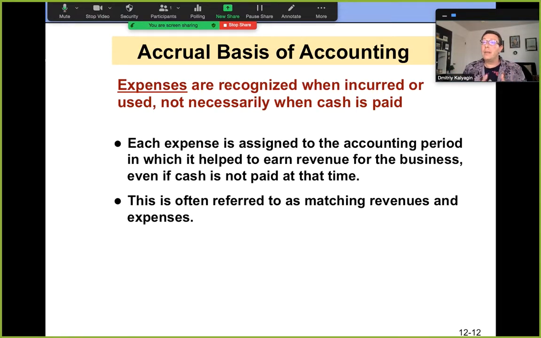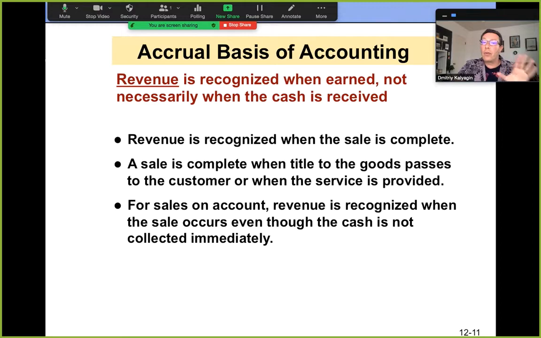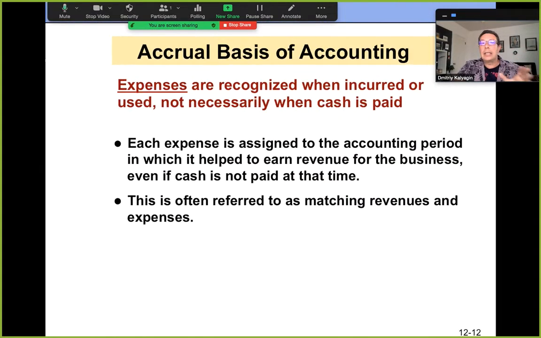Sometimes we receive a bill from PG&E, and we don't have to pay that amount until later, but we have to recognize expense right away because we already used utilities. Even though it's not due yet, we have to record it as an expense. So these are two very important concepts and descriptions of accrual basis of accounting, and they describe two principles of accounting: the revenue recognition principle as well as the so-called matching principle, or the expenses recognition.